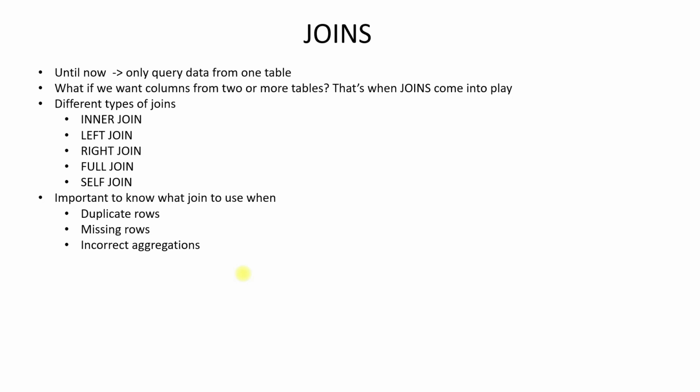We're going to look at a lot of examples in the upcoming lectures, but it's really important to know which join to use when, because if you don't use the correct join, or at least don't fully understand what it means when you use a specific join, you can get some unexpected results.